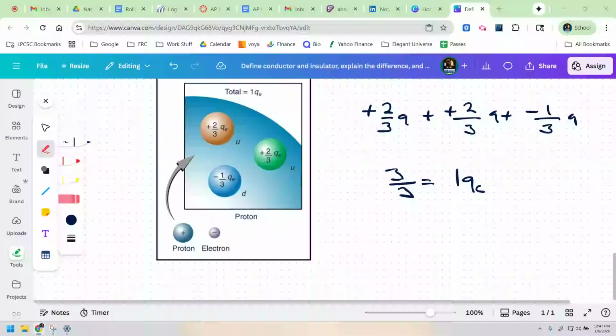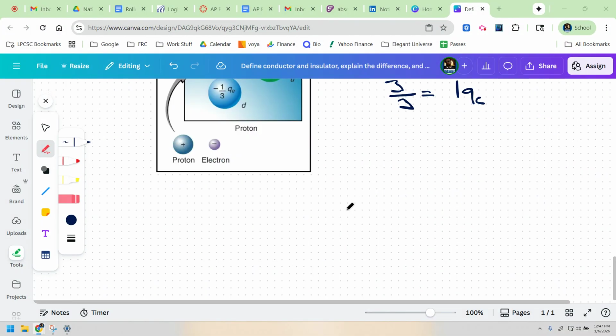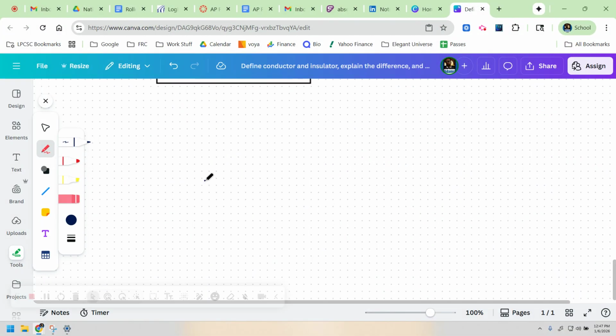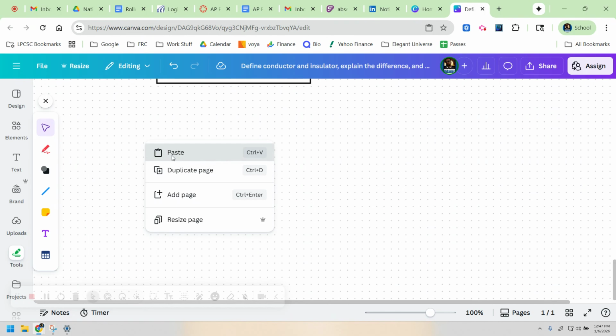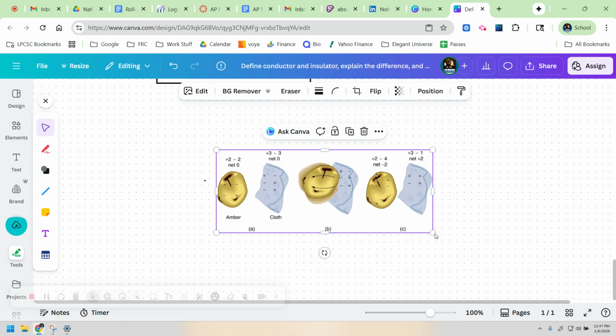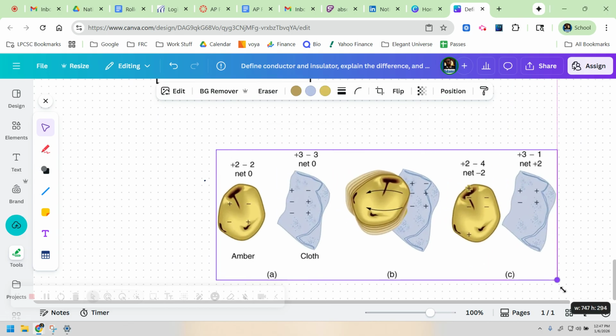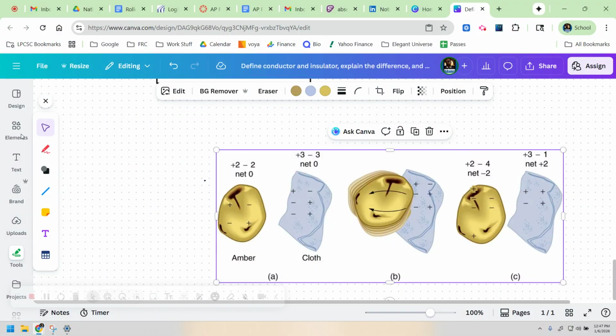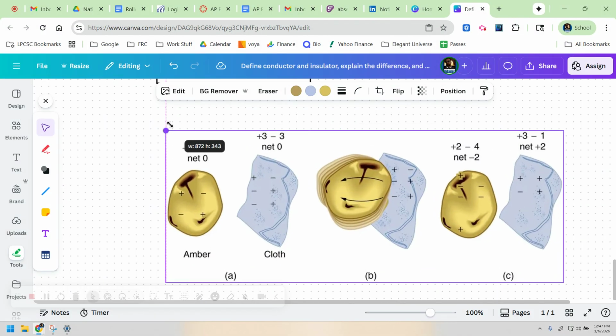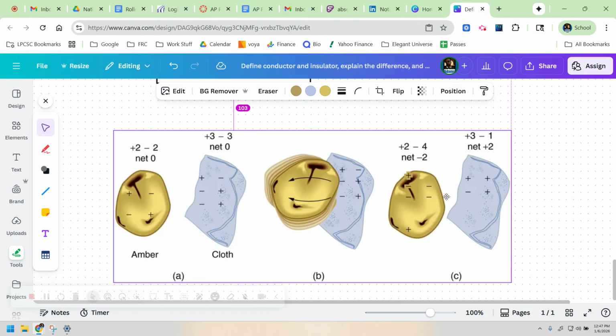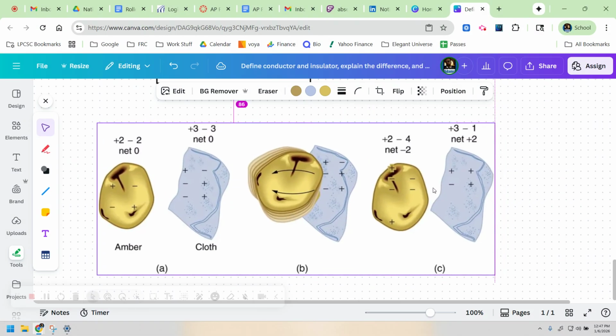So in the beginning of the textbook, if you read the textbook, we said that if you rub amber, which is like a rock, it's a mineral, but it has, for the most part, 2 positive charges.